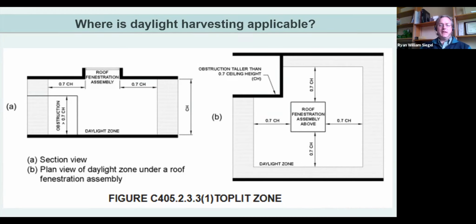But IECC does have roof monitors and skylights. It's maybe a little bit difficult to understand, but the daylight zone extends 70% of the ceiling height, flopped out from the skylight perimeter.